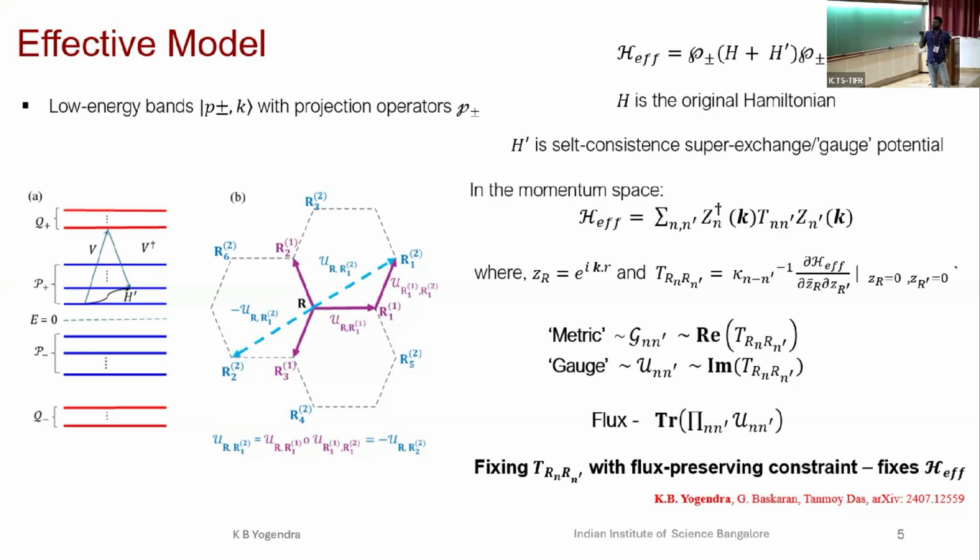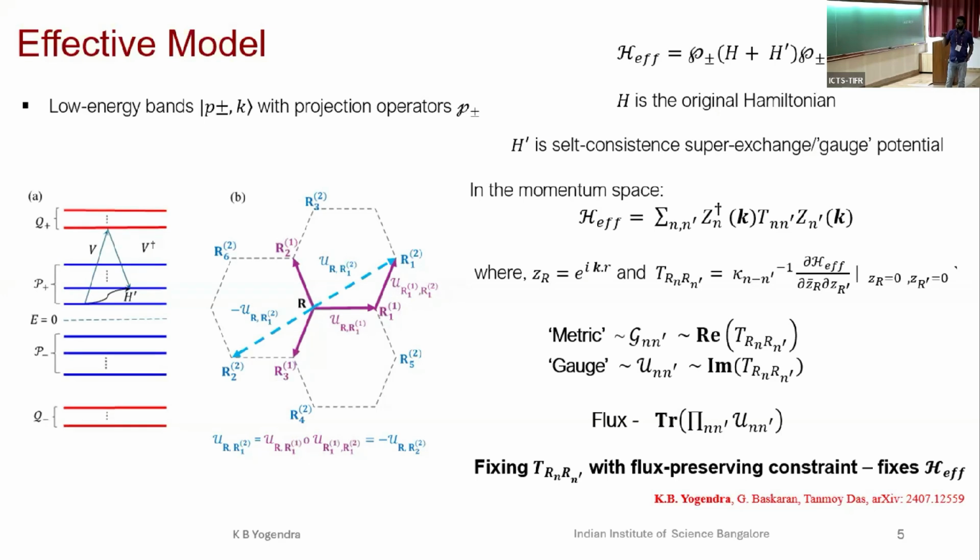The way to do self-consistency is to write the general hopping kind of Hamiltonian in momentum space, and then fit these hopping terms with the general band structure.